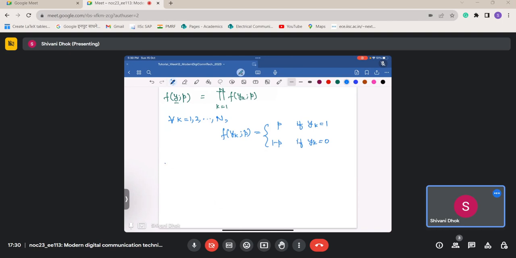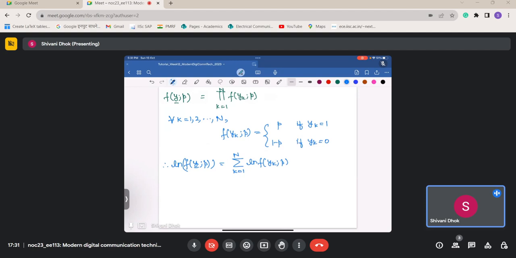Therefore, now let us look at log of f of y given p. This is simply equal to log of this product. The log of a product will be simply equal to the sum of logs. So I can write this as summation k equal to 1 to capital N of log of f of yk given p.